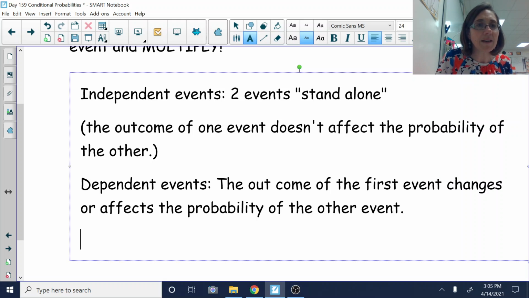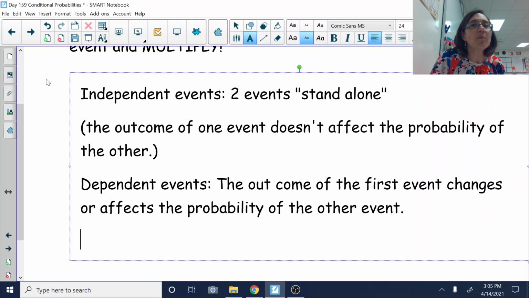So let me show you what a dependent event could be like. Let's say I have people in my classroom here, and I say, I'm going to choose 2 kids, and I'm going to choose them independently. And the first kid is going to be the president, and the second kid is going to be the vice president. And I want to know the probability that I get a girl both times.